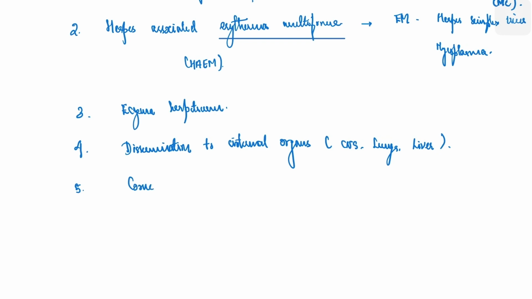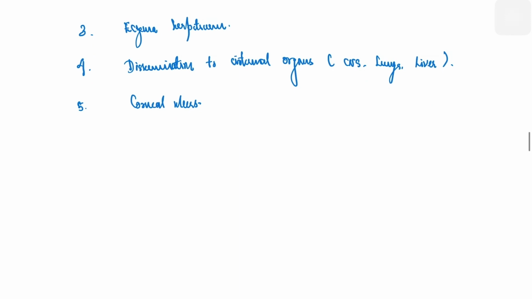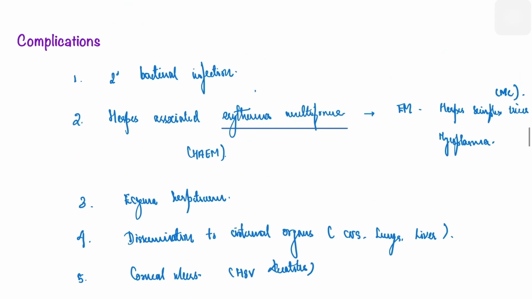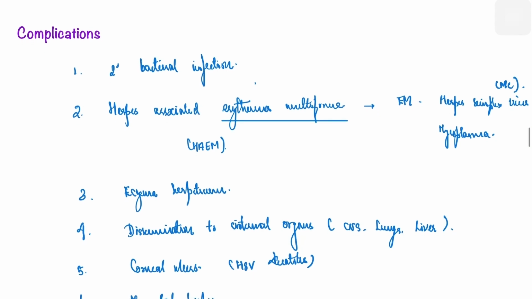There might be corneal ulcers because of transmission to the eye, causing HSV keratitis. And it can get transmitted to the neonates during vertical transmission, called neonatal herpes. So these are the complications associated with herpes simplex virus: secondary bacterial infection, erythema multiforme, eczema herpeticum, dissemination to internal organs or to the eye, and transmission to the neonates during labor.